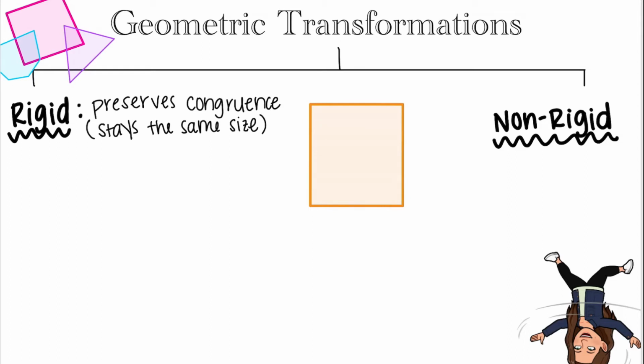So there are three different rigid transformations. The first is called a translation.